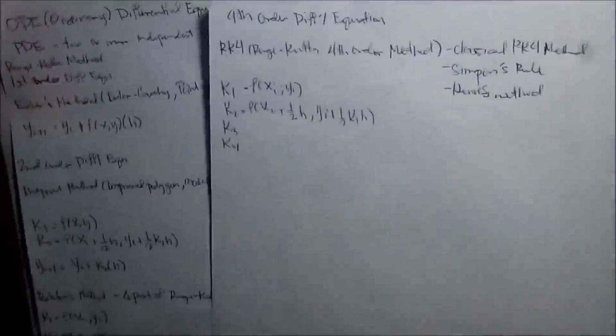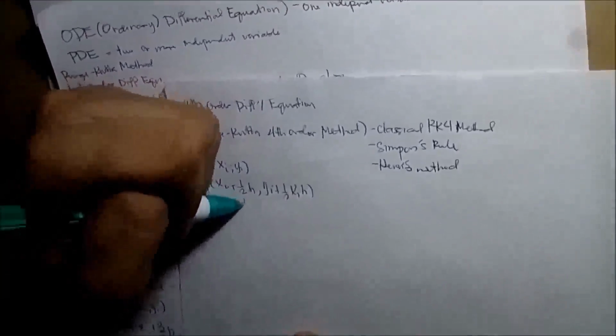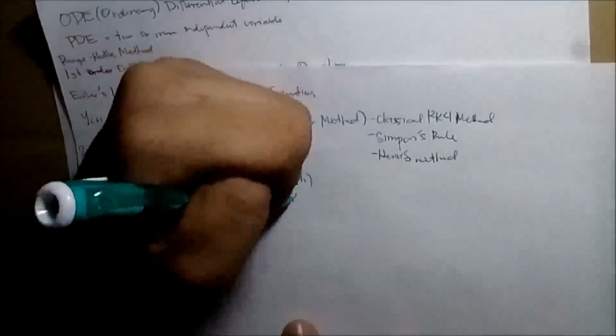It is the same as the midpoint method in K2. Next, K3. The same as the K2, but this time, the K1 in this part will be K2.